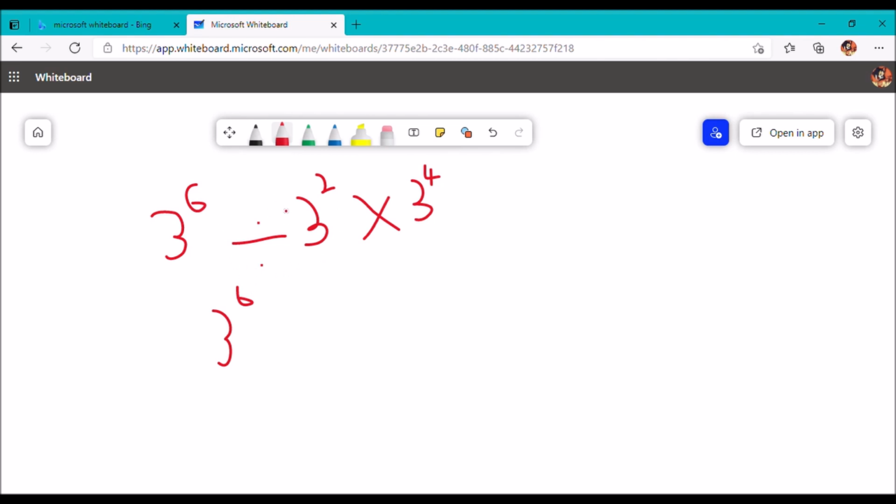So this is division, so 6 minus 2. And this is multiplication, so 2 plus 4. So if we take the pluses to one side, then it becomes 3 to the power 6 plus 4 minus 2. So when we add and subtract this, we get the answer as 8. 3 to the power 8. That is the final answer.